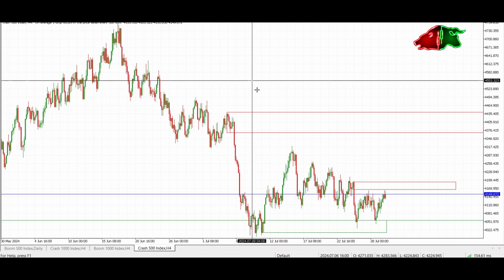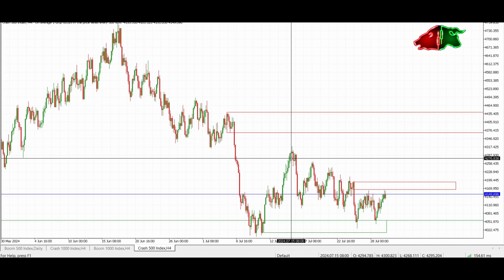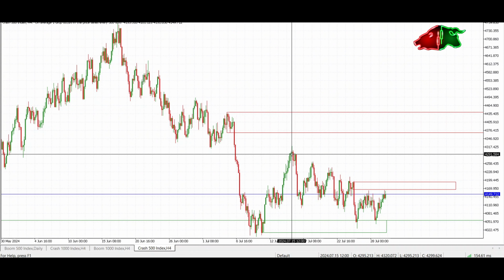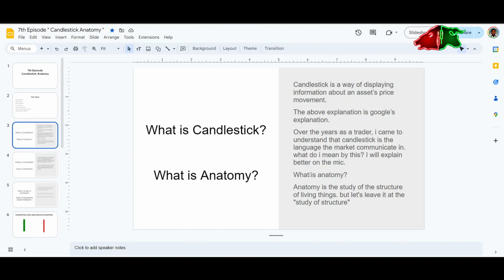Let me use the crosshair. It's blinking. Yes, look at it. All those numbers, they are all prices. So candlesticks are used for gathering all of that information.